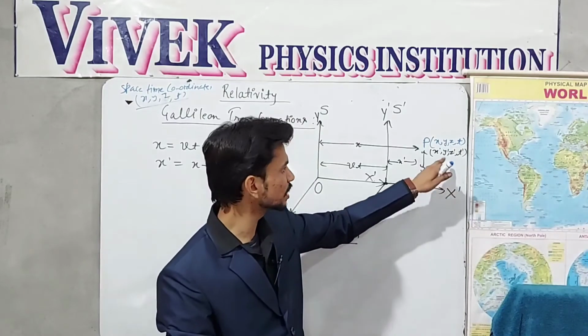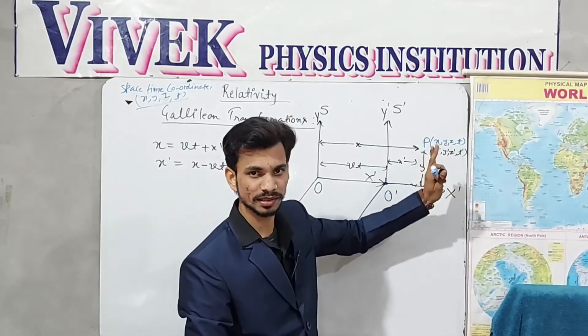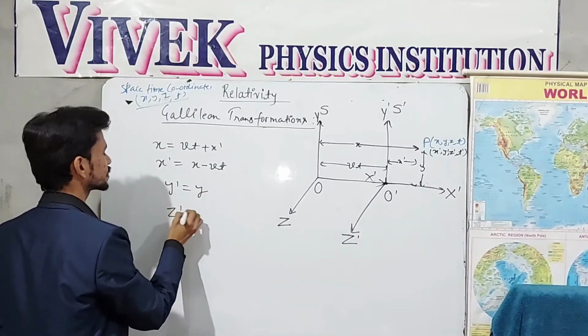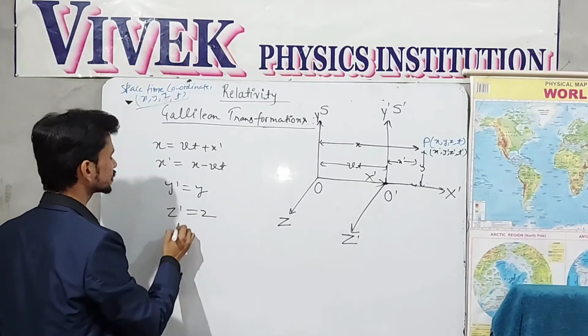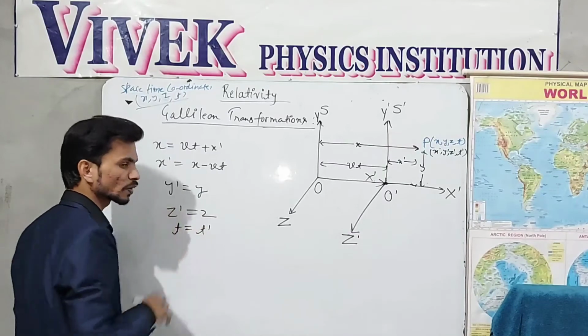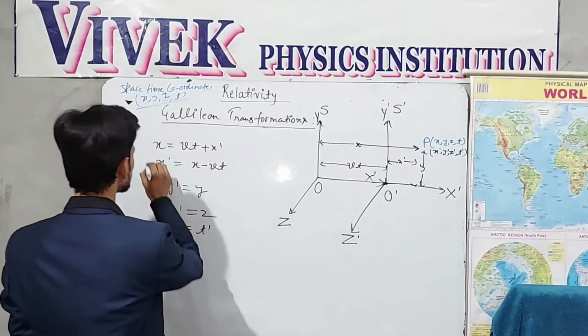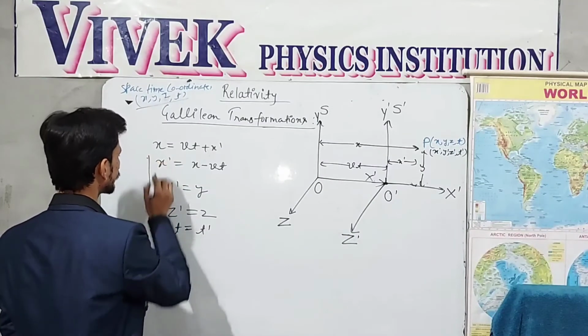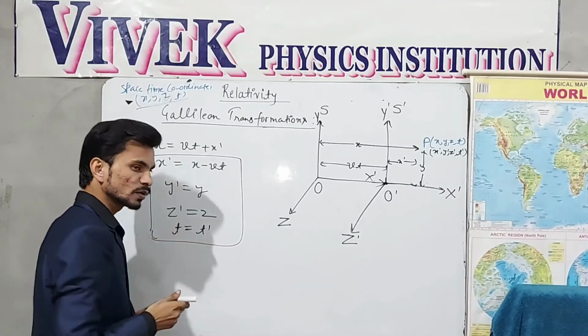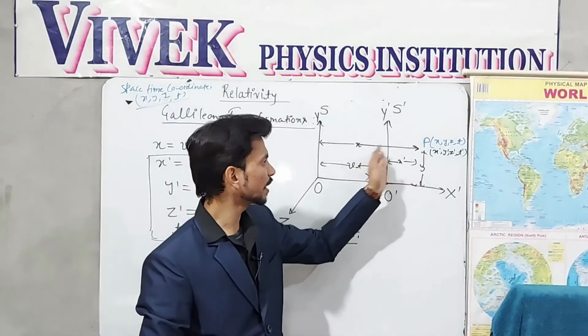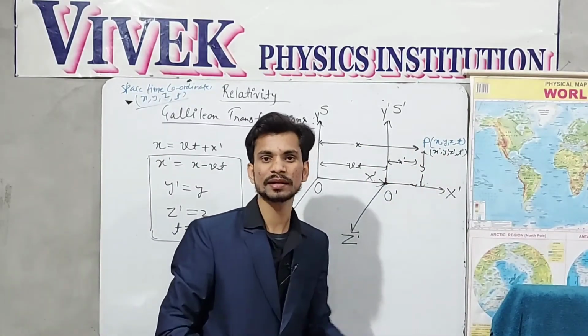So there will be no change along the y axis and z axis. So y dash is just y, z dash is just z, and t dash is just t. So these are the four relations relating x dash to x, y dash to y, z dash to z and t dash to t.